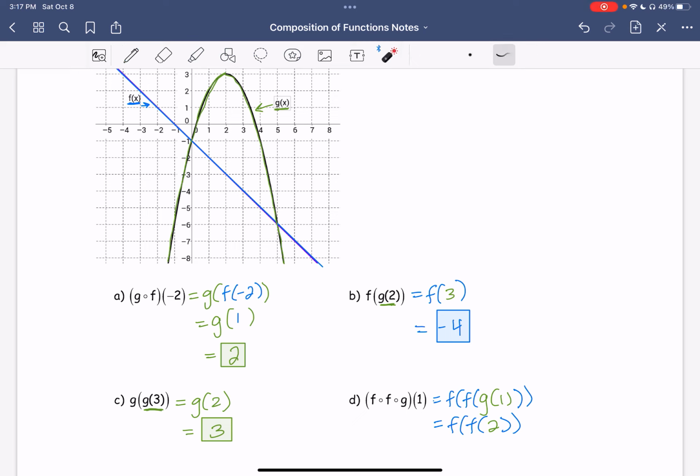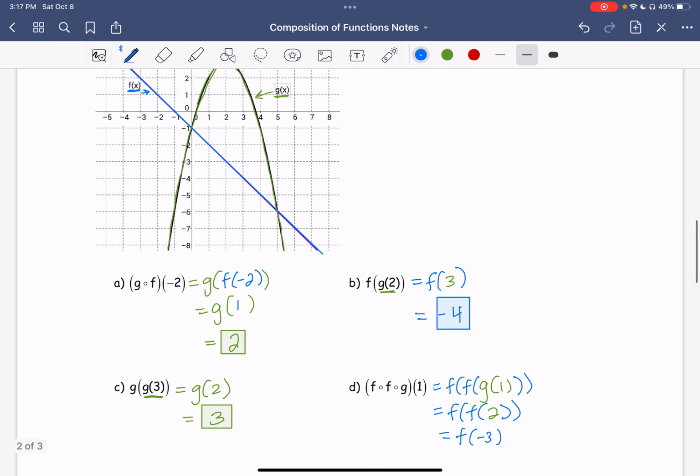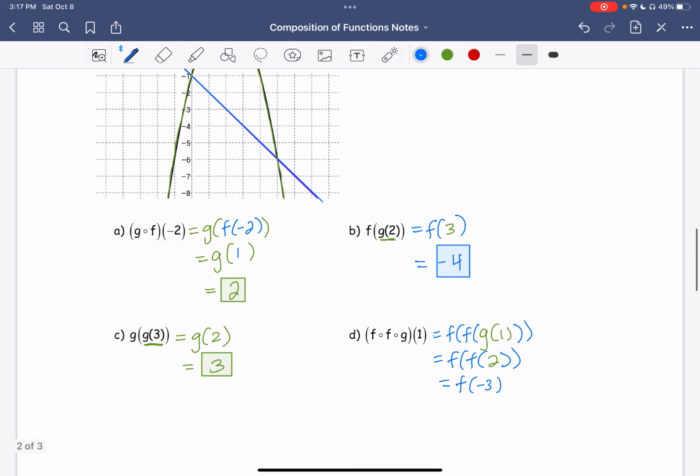So now x is 2, but notice that in front of the 2 we have f. So you're going to go to the f graph this time. So go to find x equals 2, and then find the f graph, and that y value is at negative 3. So now we have f of negative 3, and then you're going to do it one more time. So you find x equals negative 3 on the graph, which is here. Find the f value, and that's at positive 2. So the final answer is positive 2.